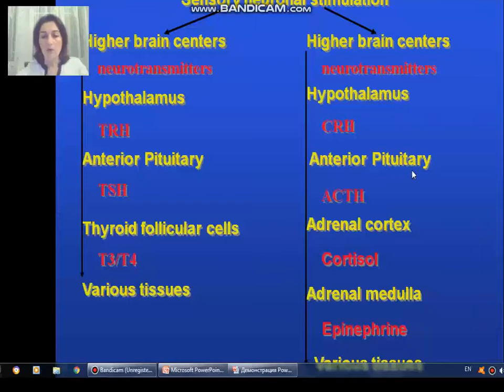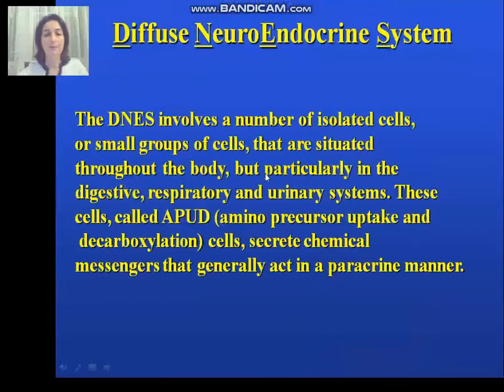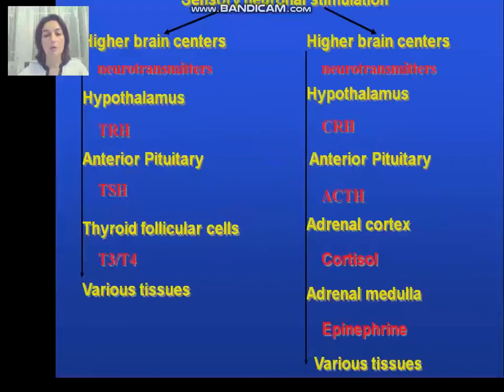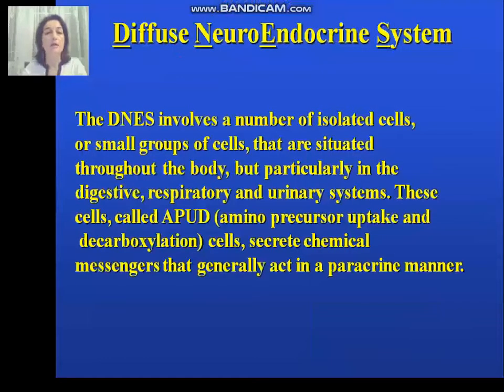Now we come to some parts of the endocrine system that comprise individual cells which do not form organs. We have in our body individual cells which are just scattered throughout other systems, in organs of other systems, for example in the digestive, respiratory and urinary systems.